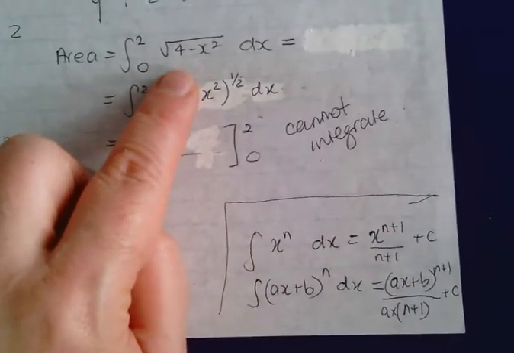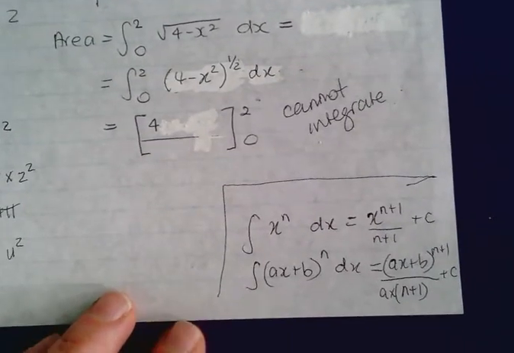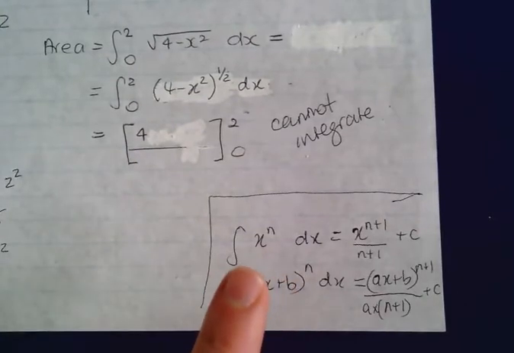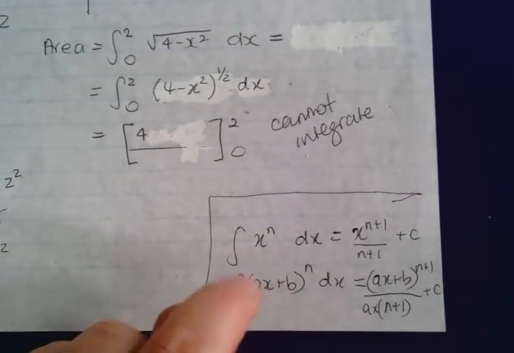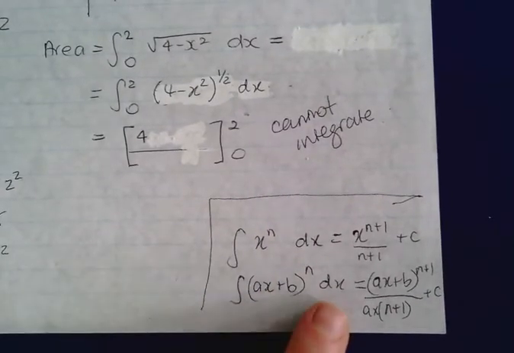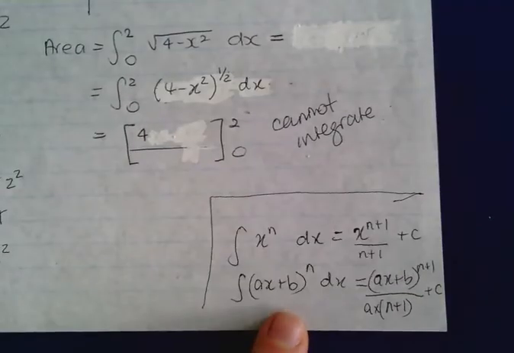Function of a function or chain rule is only for differentiation. It is not for integration. Okay, so please, the only two things that you know how to integrate are x to the power of n and ax plus b to the power of n, not ax squared, not ax cubed, not anything else. Okay, we will learn how to integrate these types of things, but in extension 1. All right.